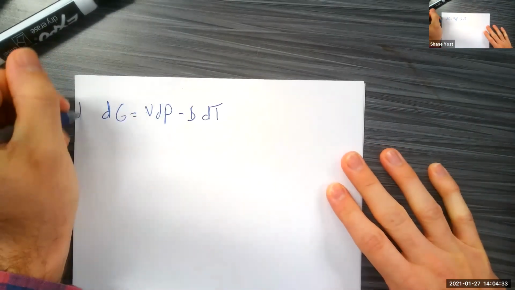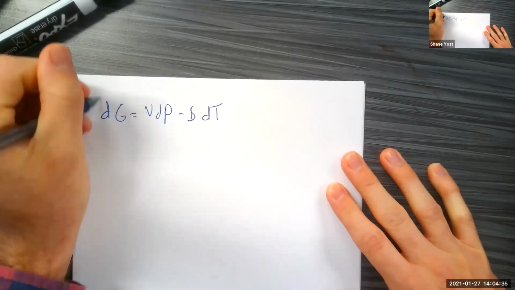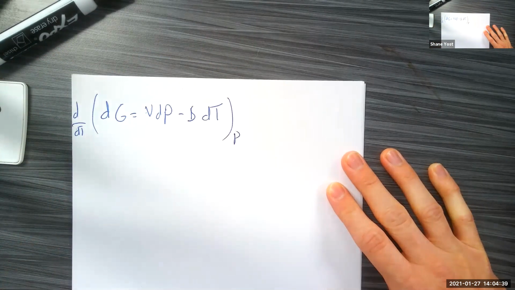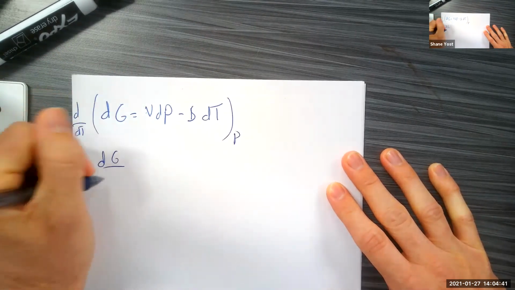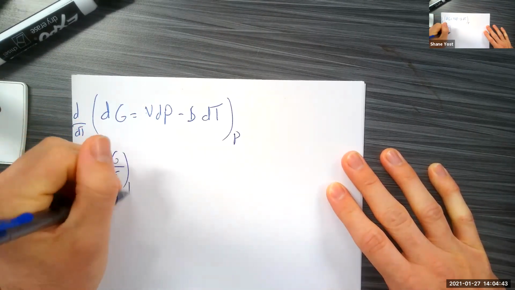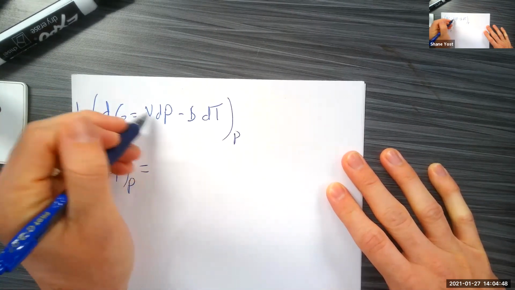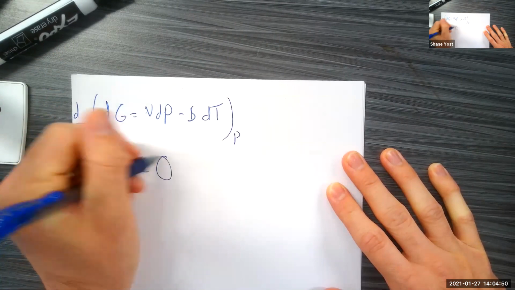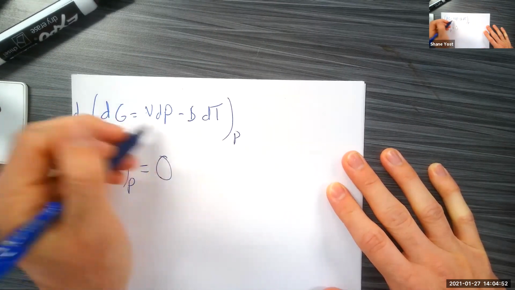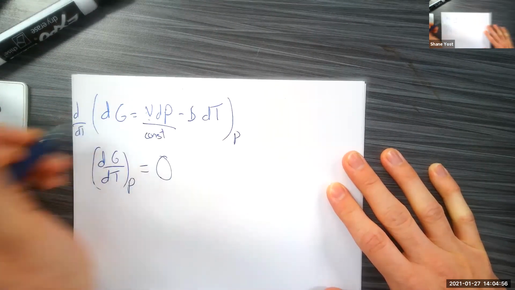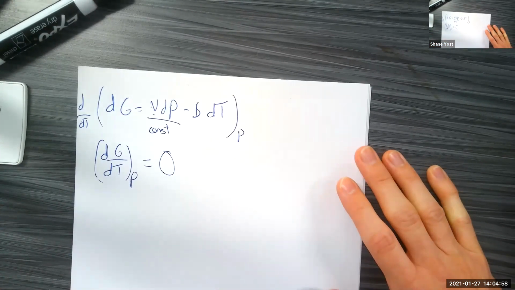I'm going to take the derivative with respect to temperature of that entire equation, holding pressure constant. So I get dG/dT under constant pressure. Here, this pressure term just goes to 0 because pressure is being held constant, so this entire term is just a constant, and the derivative of a constant is 0.